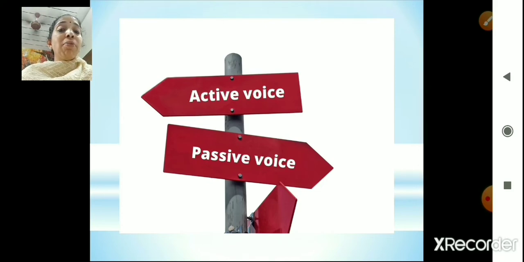Therefore, what will happen to the other object? The other object will be a retained object. The next we learned model number 3, in which you learned that do, does or did are used along with meaningful verbs in negative and interrogative sentences. Okay, so this is what we learned in the previous lectures.